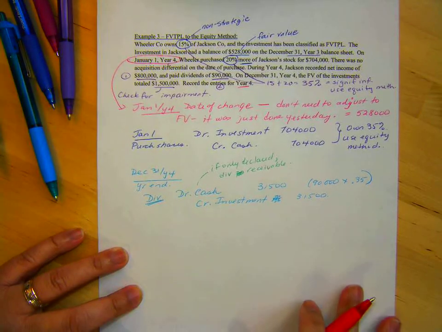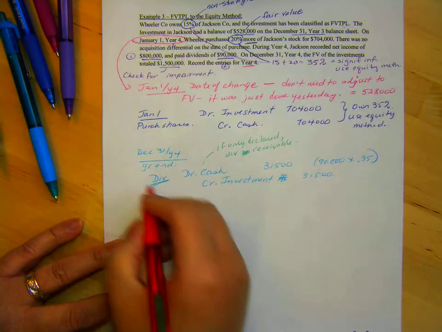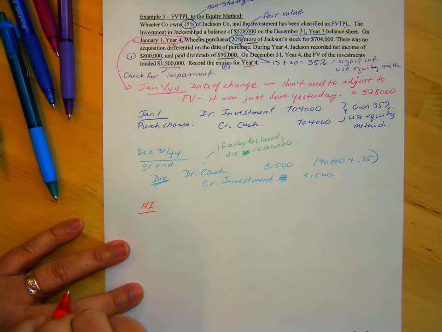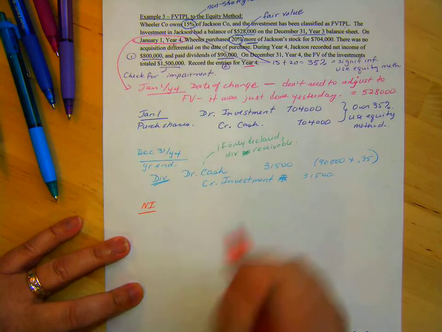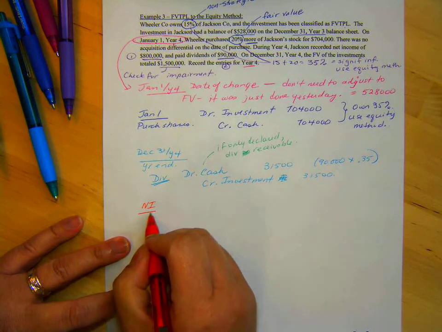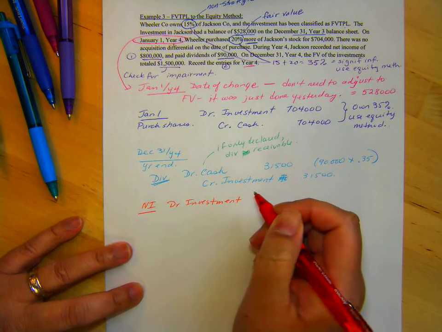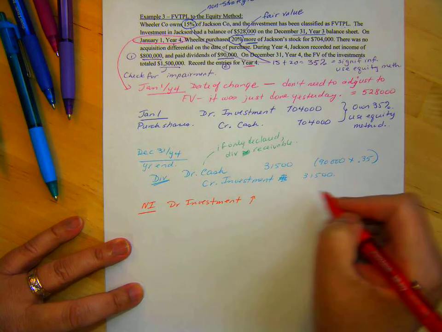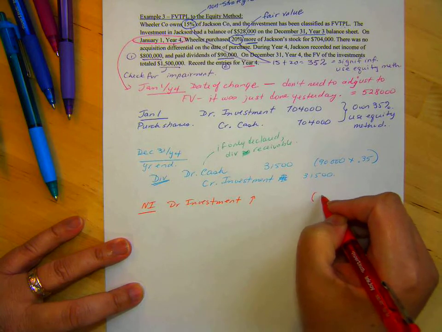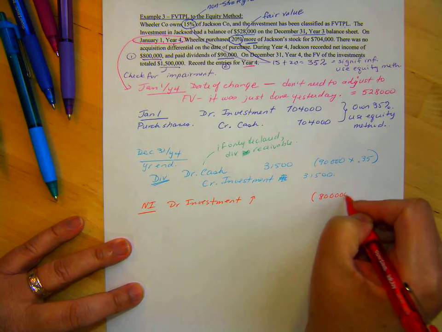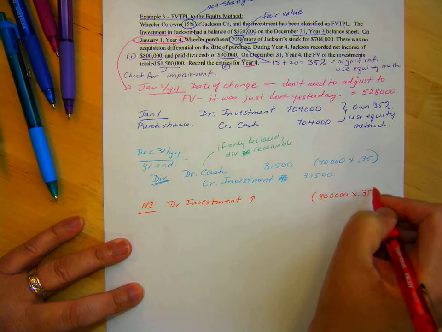Okay, now what else do we have to record? Net income from associate. So, if they have net income, what happens to investment? It goes up by 800,000 times 0.35.